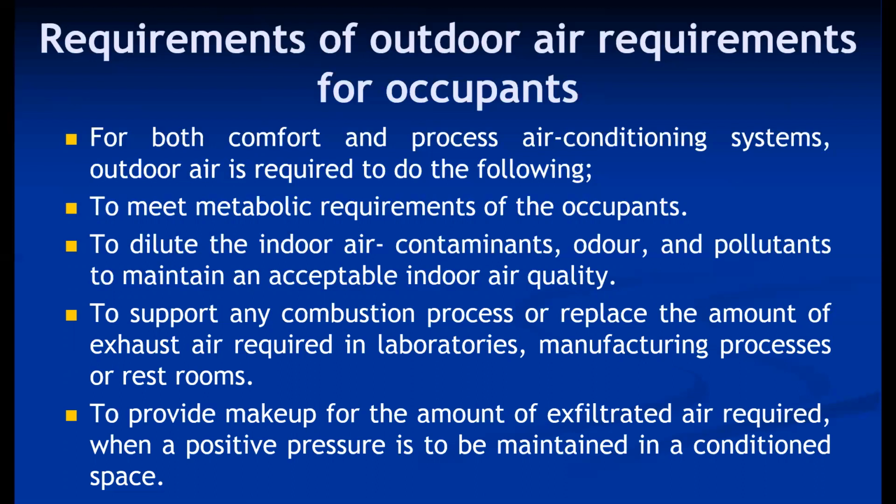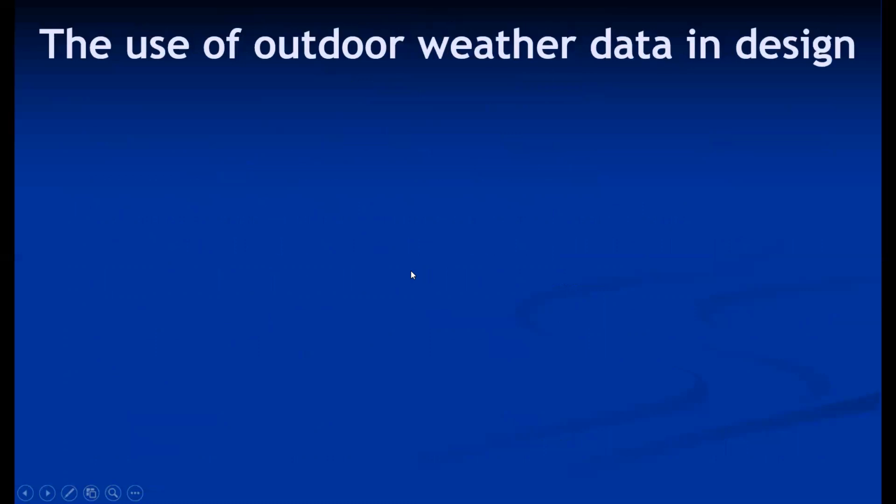In special cases, the quantity required is more than the above four basic requirements. So these are the requirements of outdoor air, but outdoor air data is also generally required for estimating the transmission heat load, which we will discuss in the fifth unit.